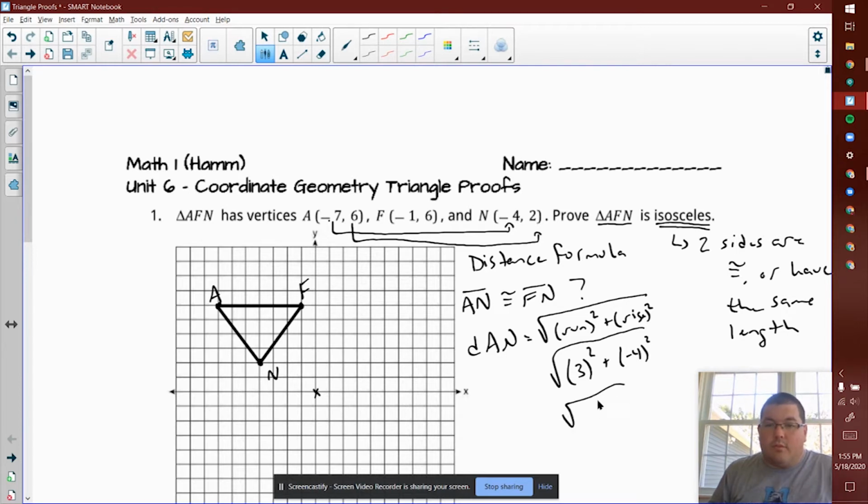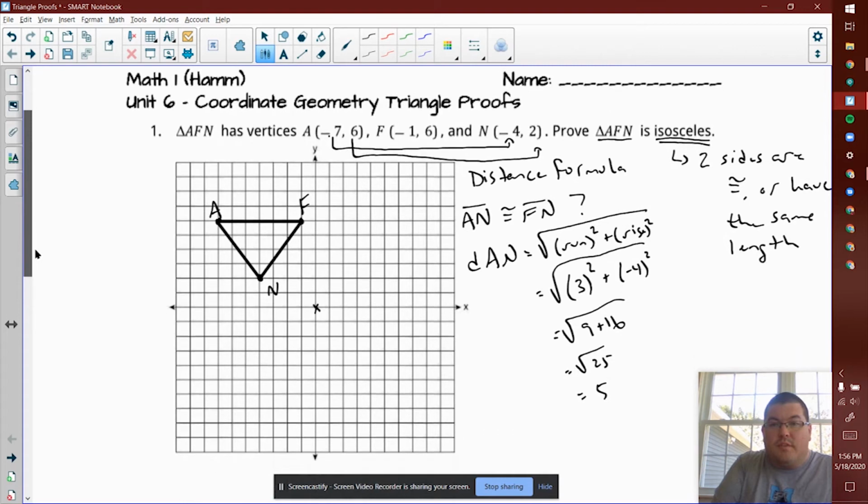And so we end up with the square root of 9 plus 16, or the square root of 25, which is 5. So we can figure out that the distance of AN is 5 units long.